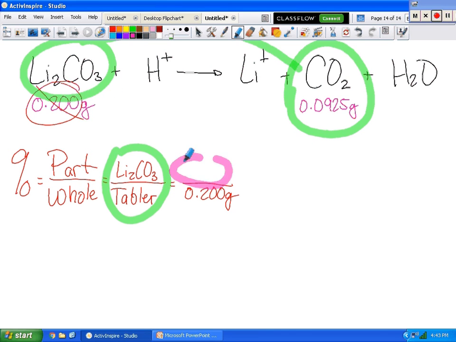Gram to gram. Yep. And remember, the key indicator of if you've done it right is the mass of the lithium carbonate has to be less than the entire mass of the tablet. That's the key. Okay? And really that's just like the problem we worked this morning. And so again, you would multiply it by 100 and you would have your answer. Okay. Now you may answer your question.